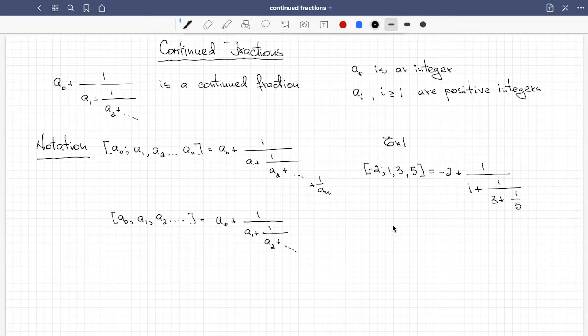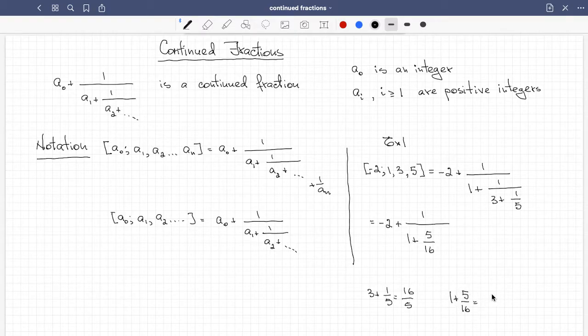We will calculate. I will continue the example: -2 plus 1 over 1 plus, all right, 3 plus a fifth is 16 over 5, and 1 over that flips it, so this is 5 over 16. 1 plus 5 over 16 is 21 over 16, and 1 over that flips it.